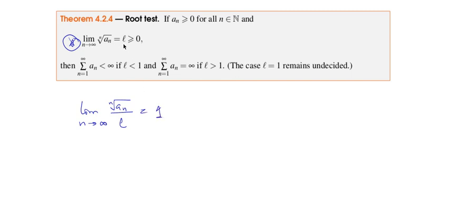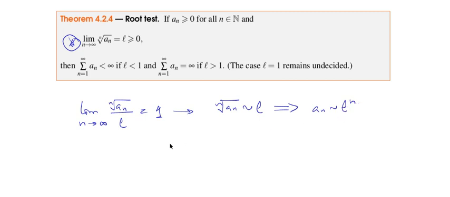Because we are dividing both expressions by L. So we could say that the nth root of a sub n is asymptotically equivalent to L, right? But this can also be written like a sub n is asymptotically equivalent to L to the n, right?